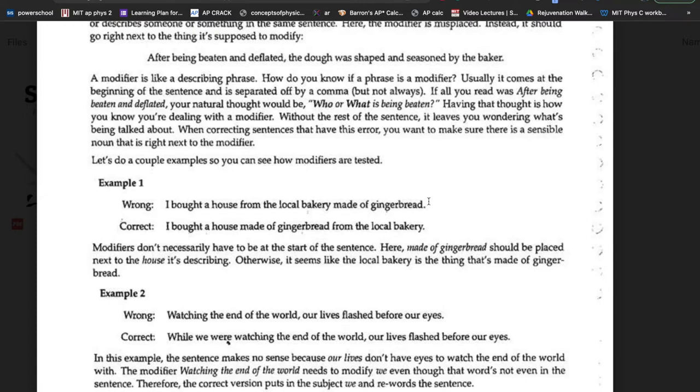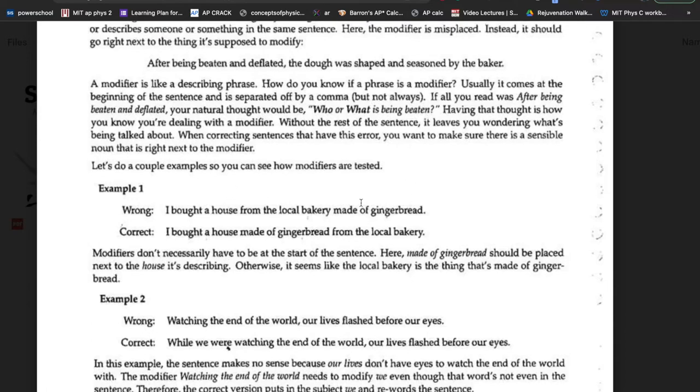A very easy way to fix this, keep in mind, is to keep the things you're describing close to each other. You bought a house, and gingerbread is a description for the house, and the bakery is a description of where it came from. So you want to keep the house and gingerbread near each other, and keep the local bakery away, so the reader can associate them with each other.